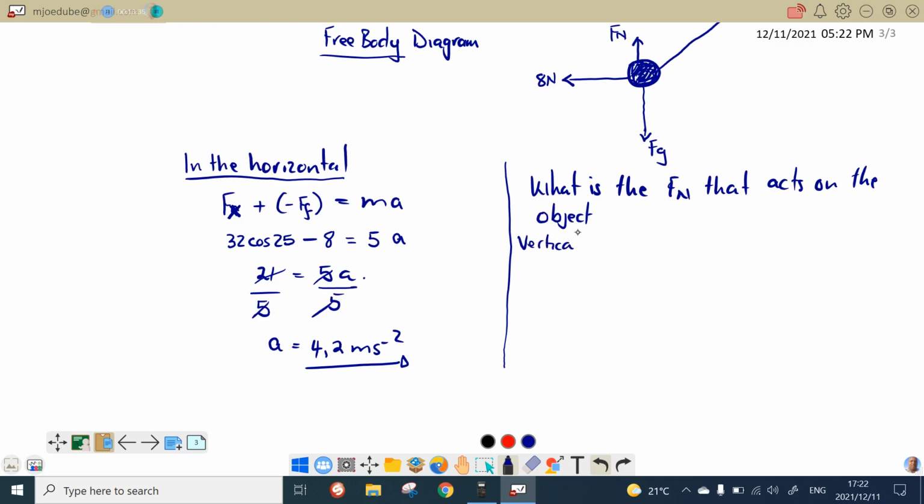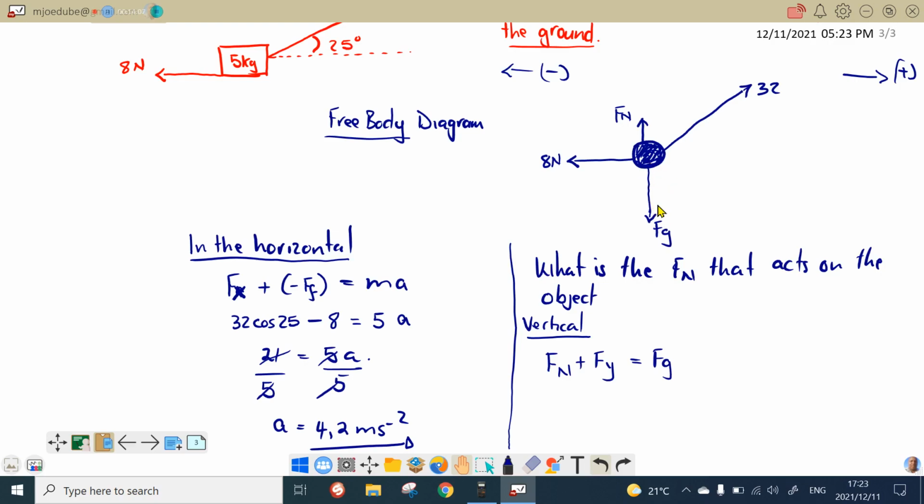The forces that are acting on the vertical plane, obviously you've got your Fn, so it's Fn plus the Fy. These two forces act together and they are equal to your Fg. They act in the vertical, moving upwards, and Fg is acting downwards. So these two forces balance your weight. In other words, you've got that plus the Fy component, and that gives you that value.